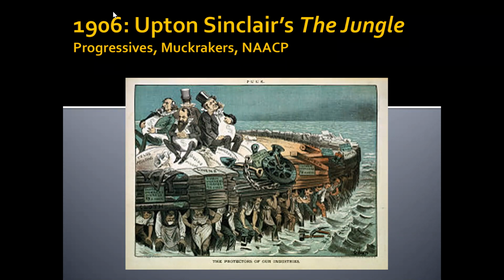And so the progressives, some of the most famous being Upton Sinclair or Jane Addams, are working to fix society based on the way that industrialization is damaging it.